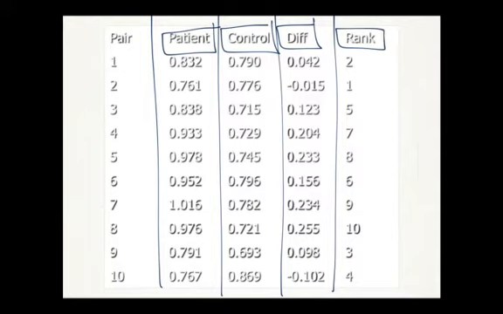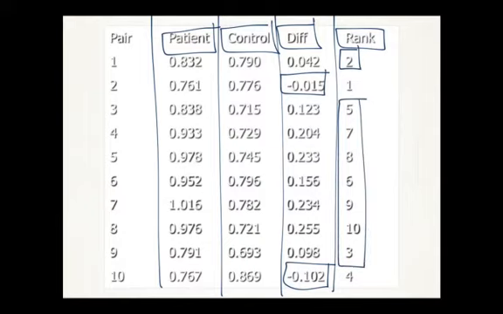So we can calculate a p-value from the exact Wilcoxon signed rank test using a permutation test. The statistic of interest here is the sum of the positive ranks. So this one is negative, and this one is negative. So the sum of the positive ranks were this one and all of these guys.